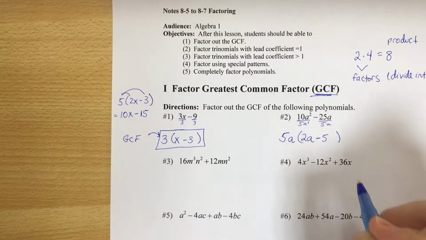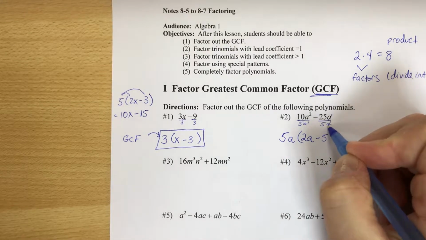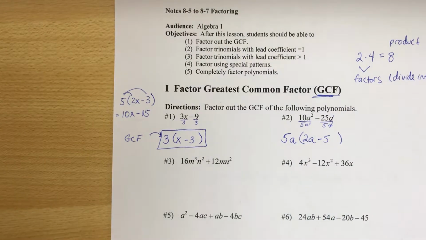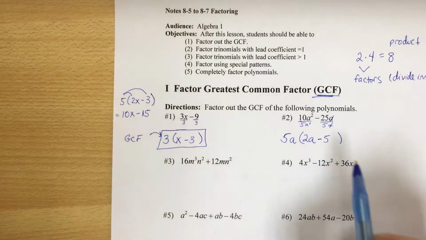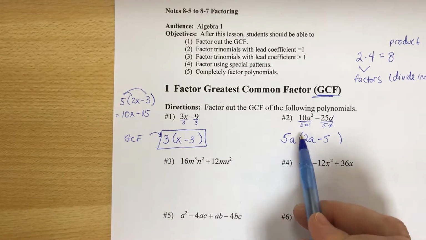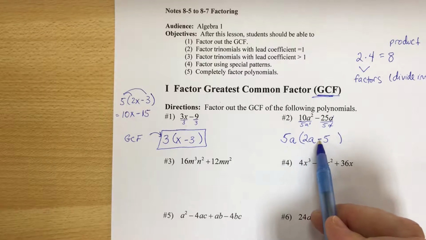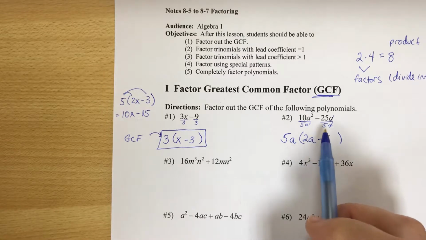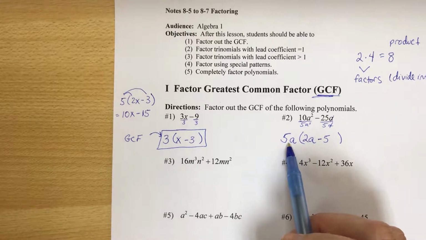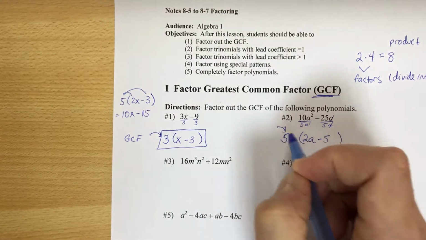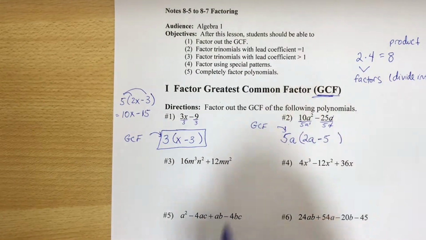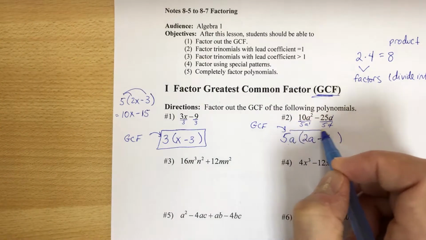A divided by a is 1. Okay, so the a's will totally reduce out, so there's no more a. So we have 5a times parentheses, 2a minus 5. We are pulling out the common factors. So the 5a is the GCF again. And that's it, you're done.